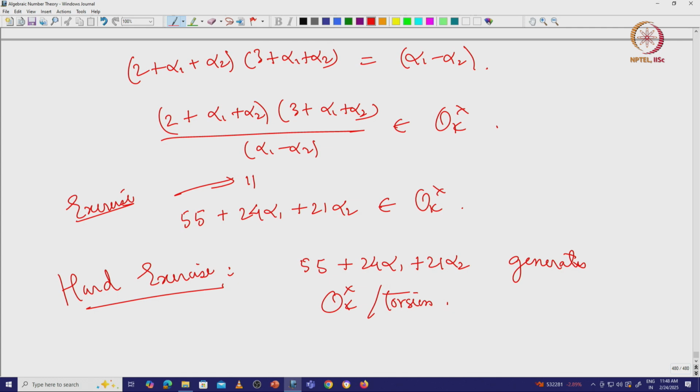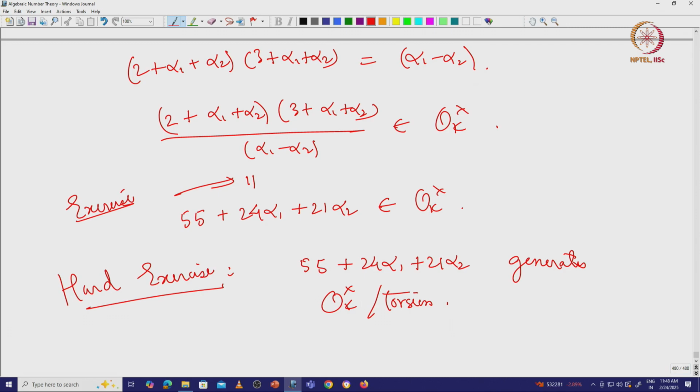It is possible to do this computation. In some sense all this works because you have a principal ideal domain. If the class number were not 1, you would have to work much harder to get a unit, but because the class number is 1, you can write down all these relations and you get a unit.